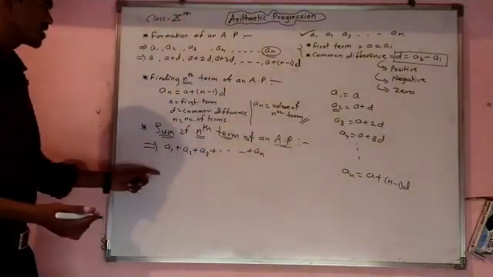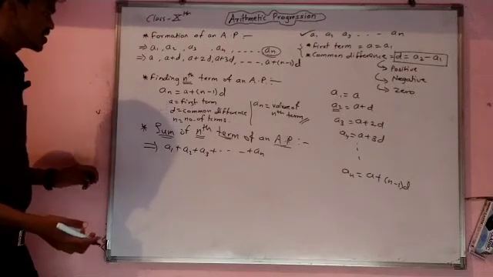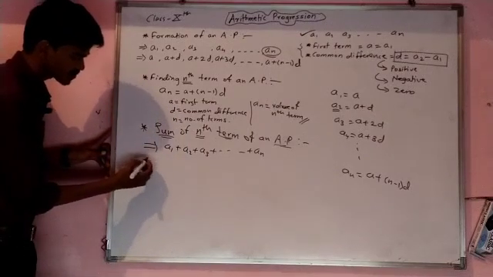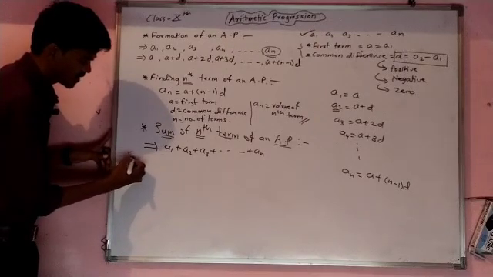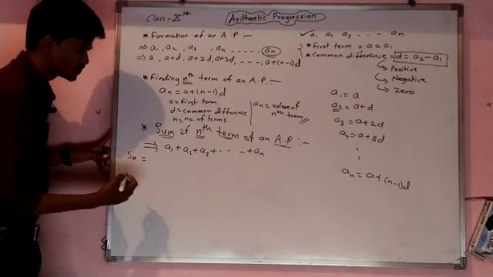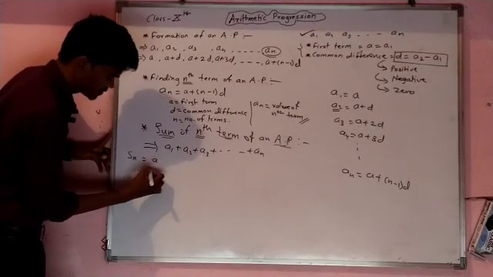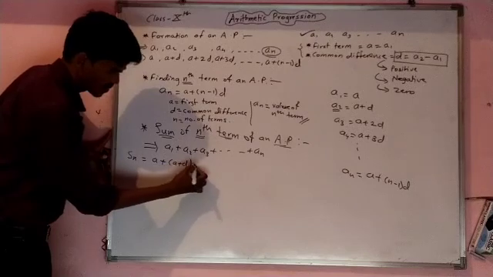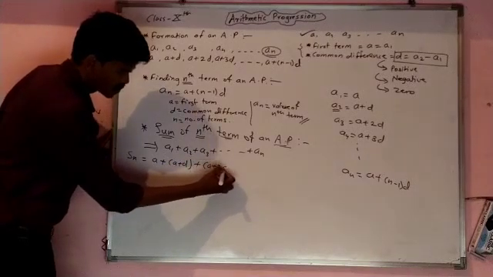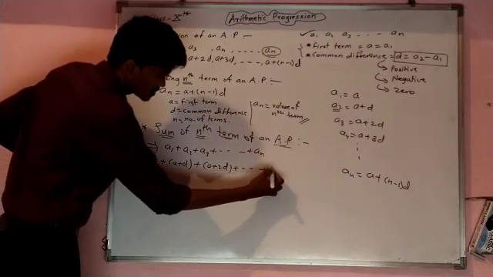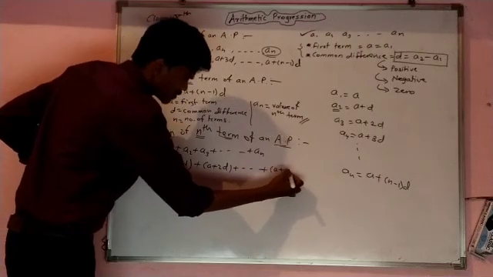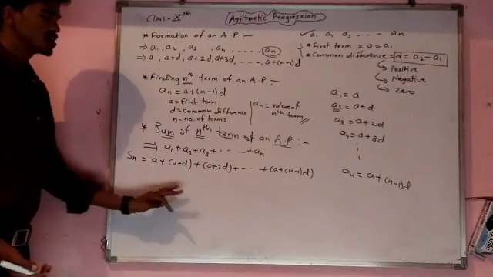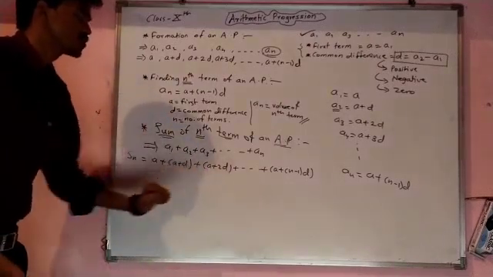So how are we going to derive this? Simply, let's define Sn is equal to a plus d plus a plus 2d and so on plus a plus n minus 1 into d. This is the summation of the given arithmetic progression.